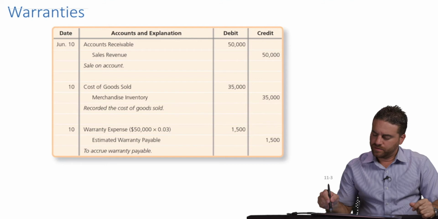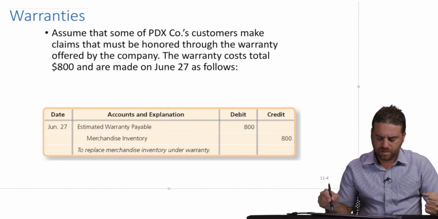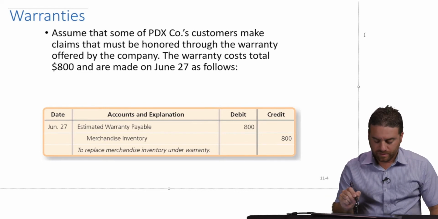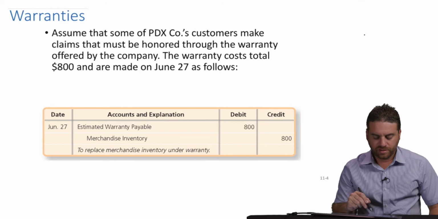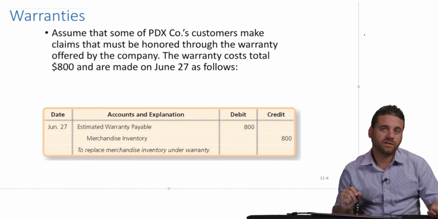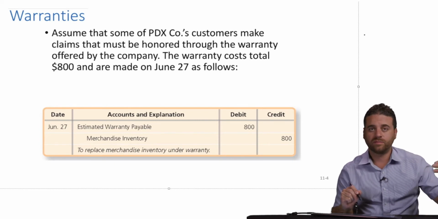Okay. So that was on June 10th, and then let's say in the future, June 27, or maybe the next year, it doesn't really matter. It might happen the same year where the customer comes back asking for warranty coverage, or it might be next year or anytime.